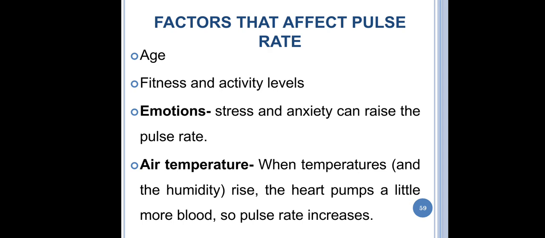So what are some of the factors that affect the pulse rate? We have age. Remember, from describing the pulse rate for infants, about 120 to 160, but adults only 60 to 100, which is an average of 72. So age matters. Fitness and activity levels. Okay. Some people do not involve themselves in physical activities.